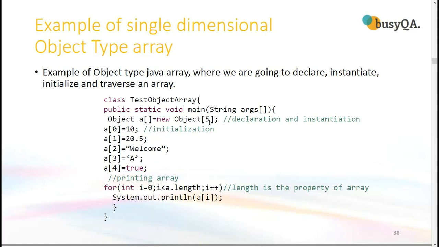I'm saying Java, please give it 5 different boxes. And right here, you can see my first box is an integer. My second box is a double. My third box is a string. My fourth box is a character. And my last box is a Boolean.